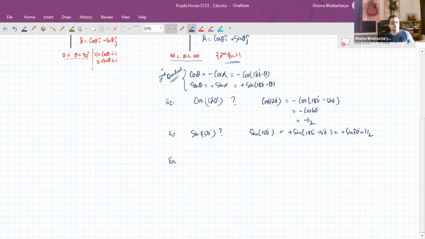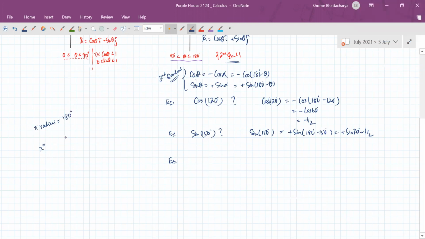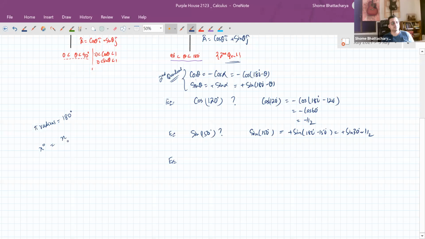Okay, so one more thing you should know here is how to convert radians to degrees and degrees to radians. So remember, pi radians is equal to 180 degrees. Okay. So x degrees becomes x by 180 into pi radians. Okay.